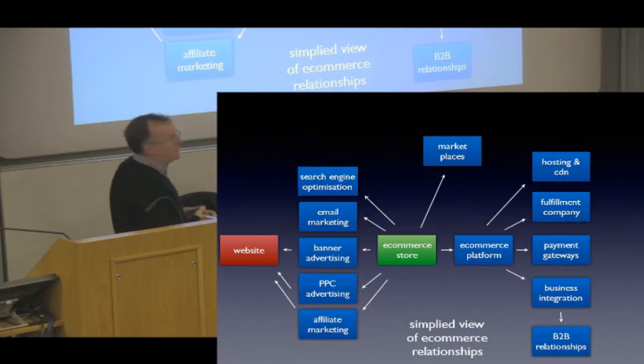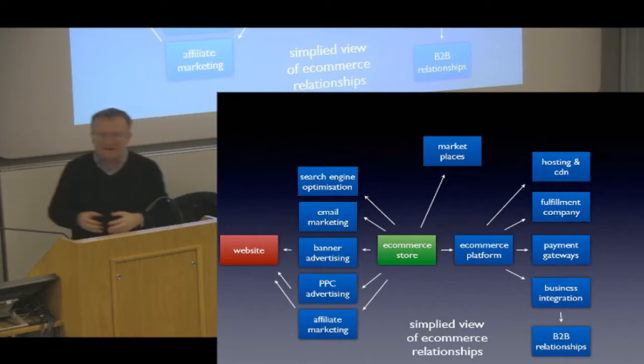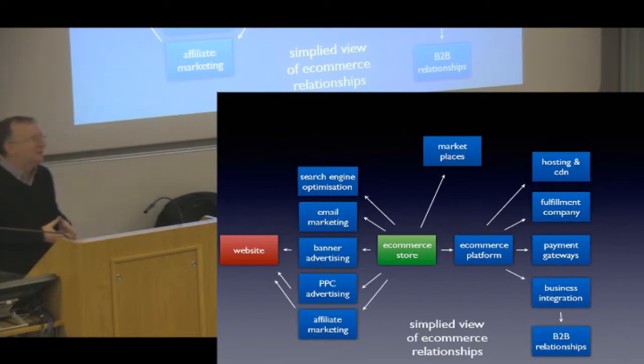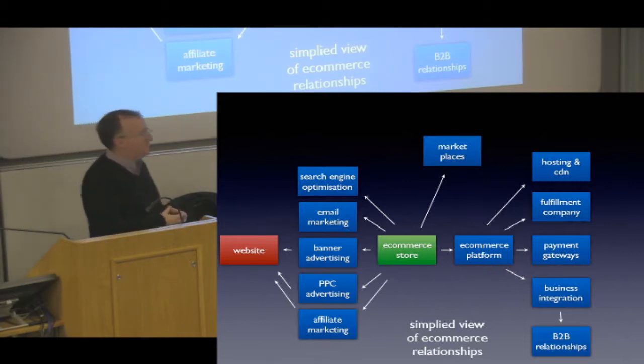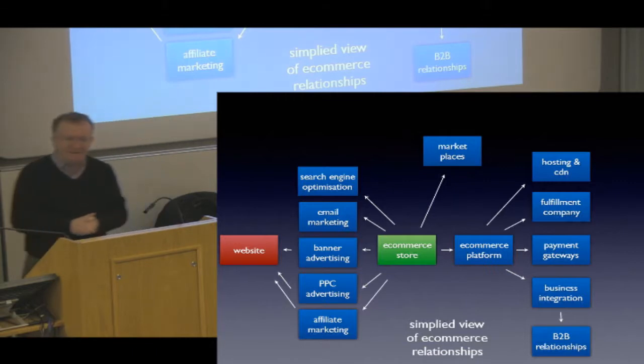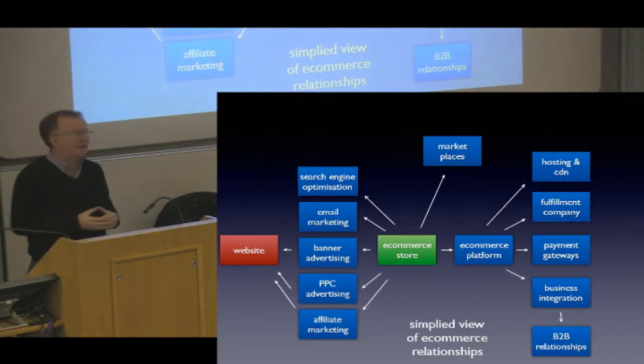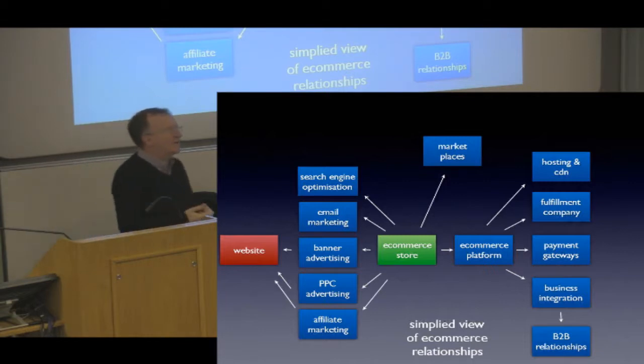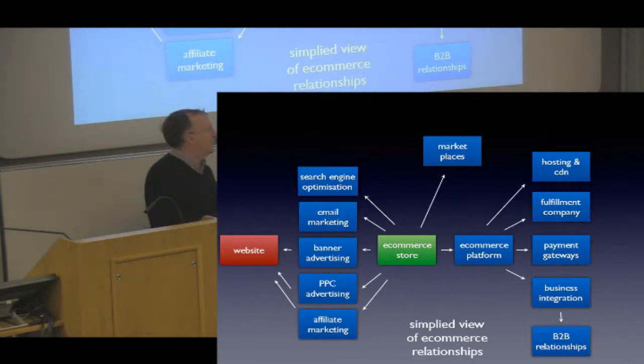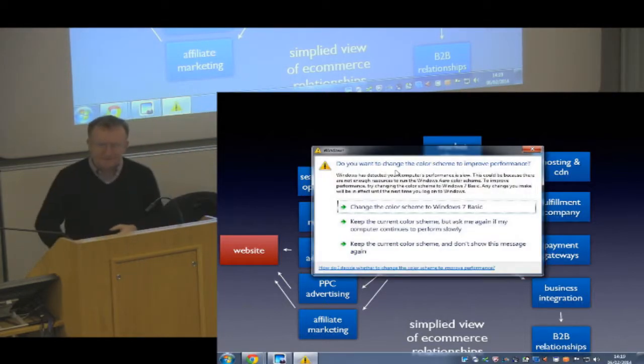So in the middle is a green square here, and that is an electronic commerce store. So it's a store that's been built, it's running somewhere, and I suspect that many of you have an idea of what that would look like. You know that you can go to any brand.co.uk and you'll find the store at the other end of that.